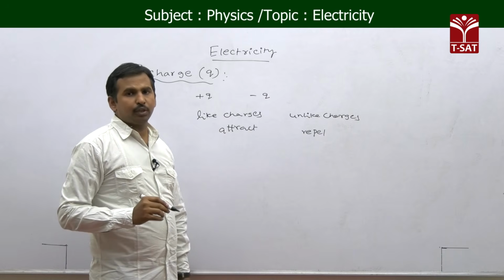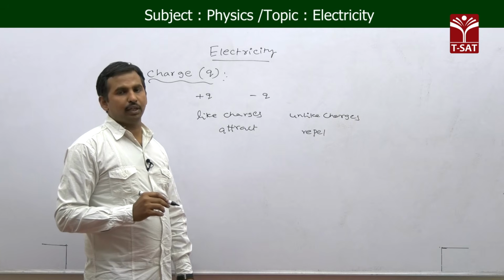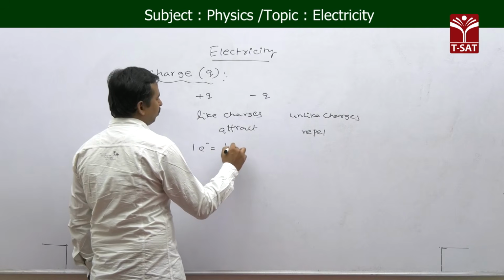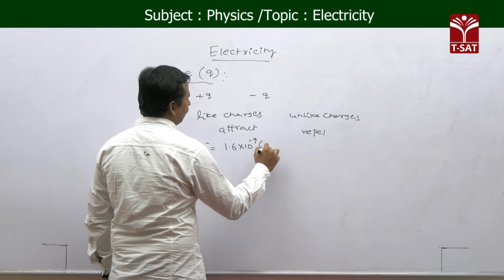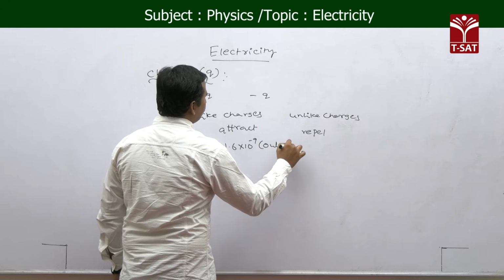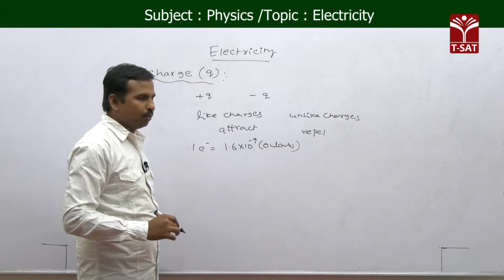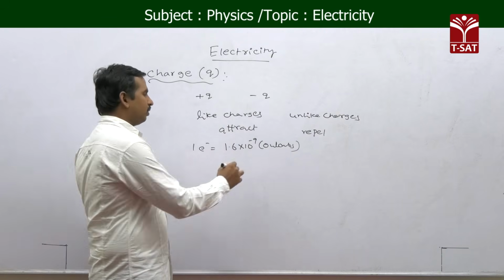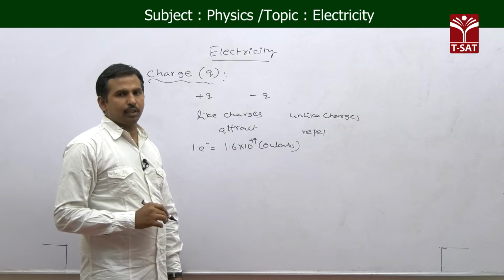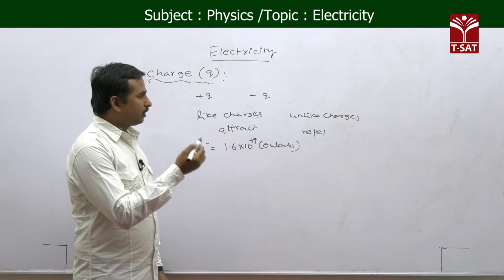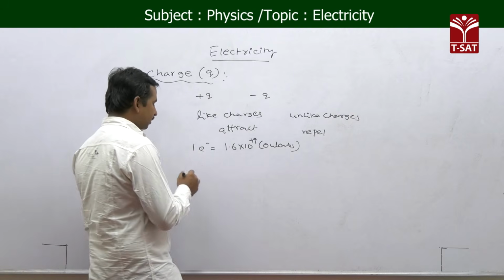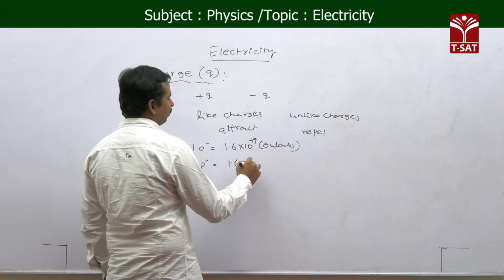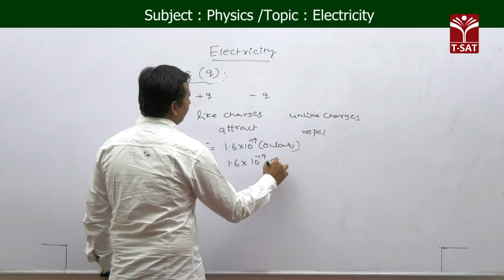Now, the charge we are taking for the case of the electron, which has a negative nature: one electron charge is equal to 1.6 into 10 power minus 19 coulombs, where coulomb is the unit of charge. Whereas a proton, which is taken as a positive charge, has the same magnitude, 1.6 into 10 power minus 19 coulombs.